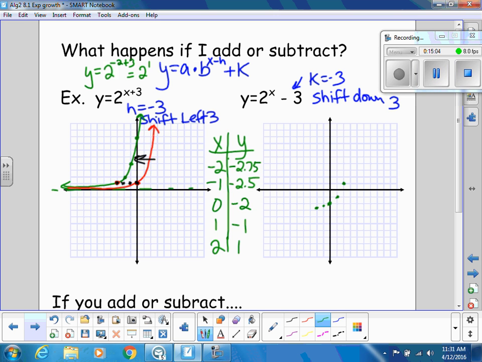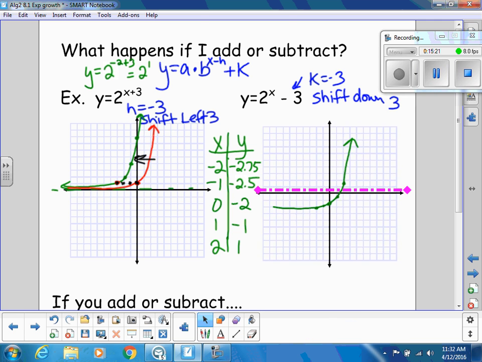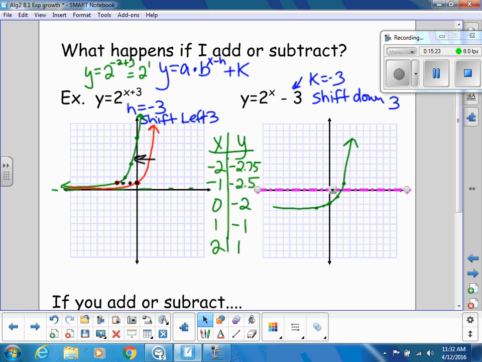So now look at what's happening. Now it's doing this. Same shape, but it shifted down 3. So now instead of having my horizontal asymptote there, it's going to be moved down 3 here. So it's going to stay above negative 3.